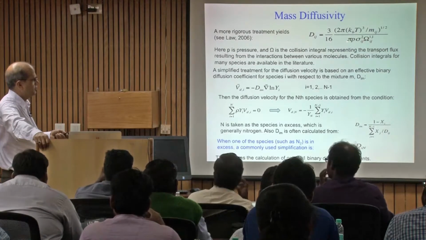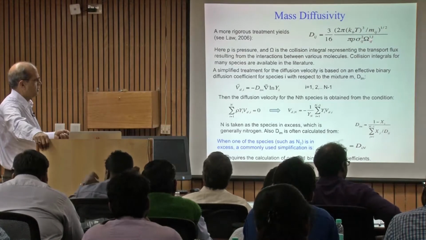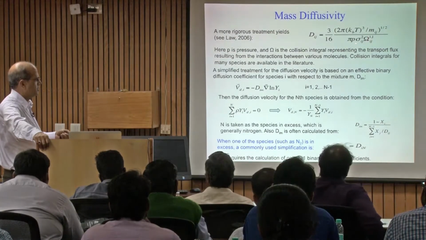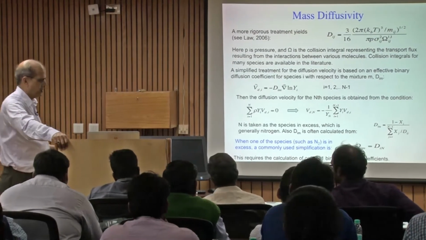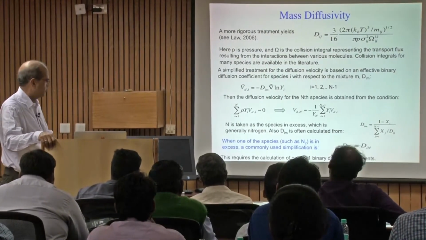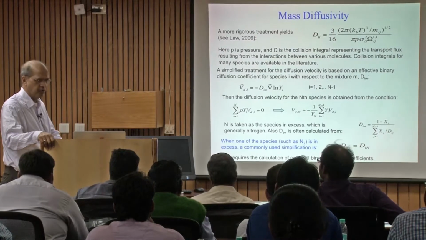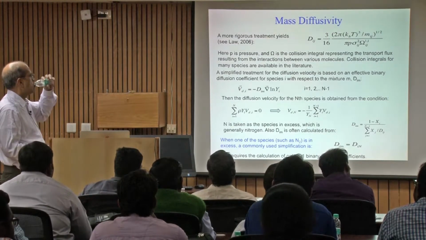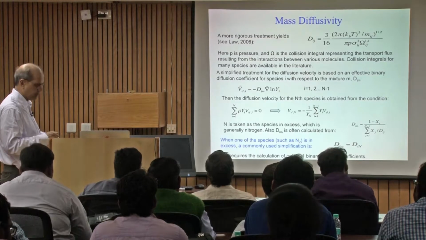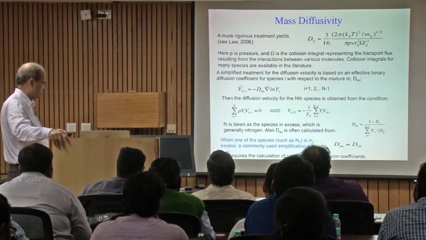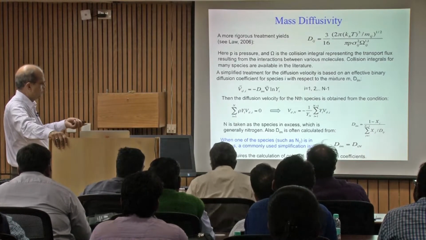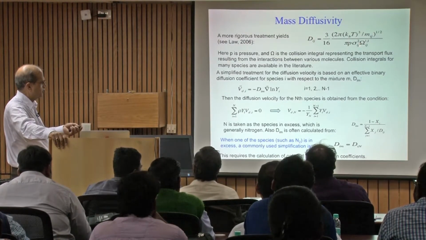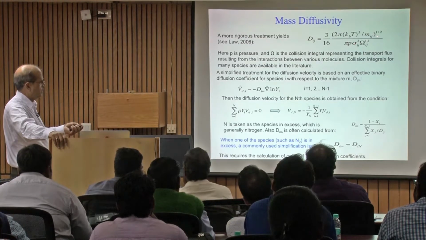At every point in the flow, you have temperature and pressure, and then we can calculate these quantities and calculate the diffusivity as a function of pressure and temperature. Any questions?